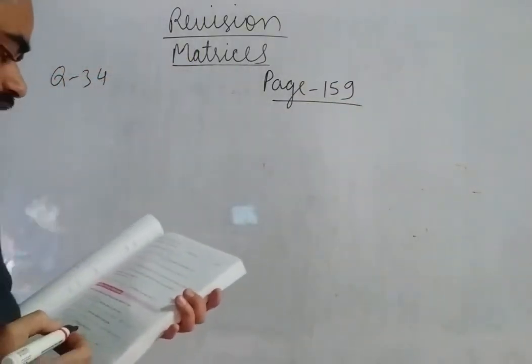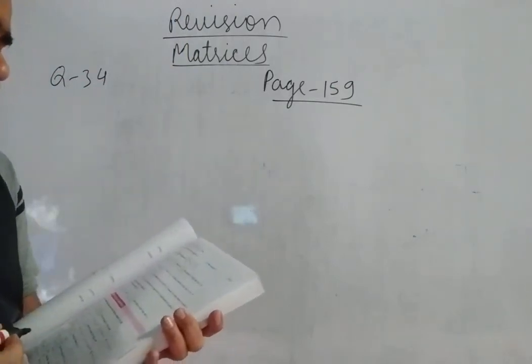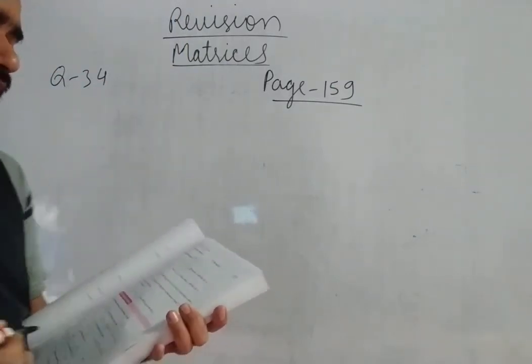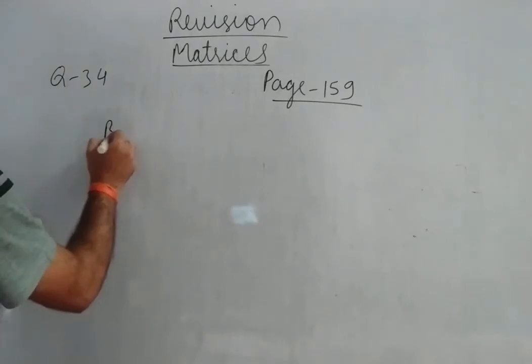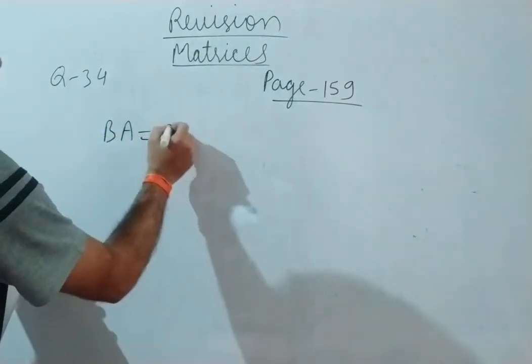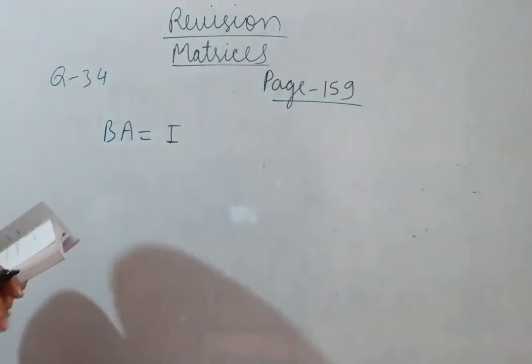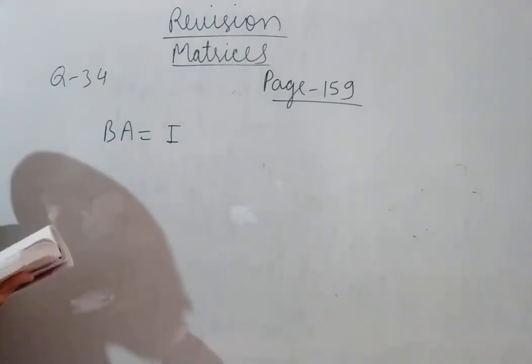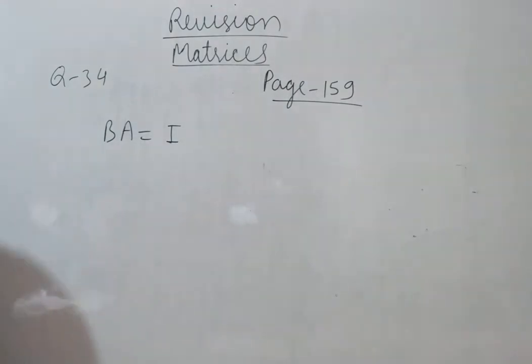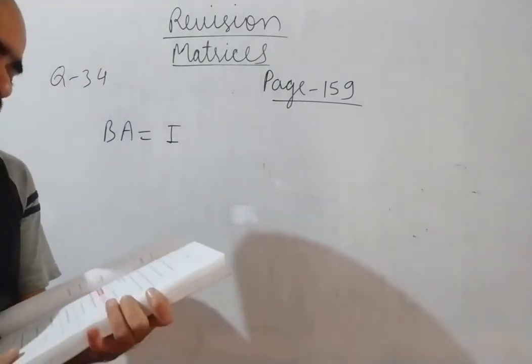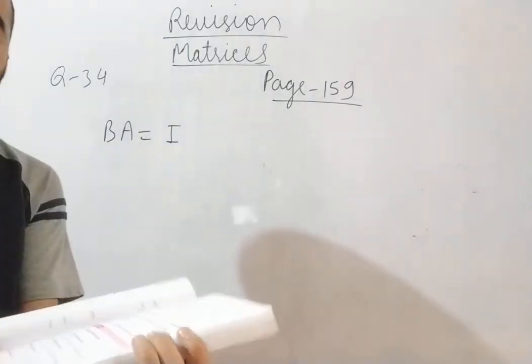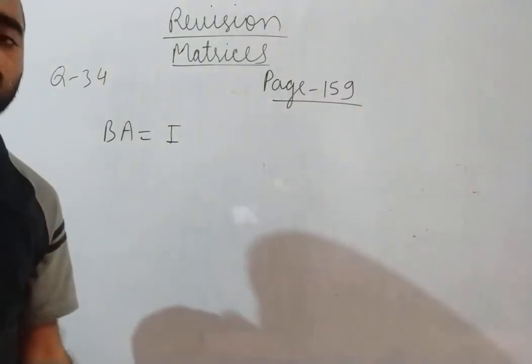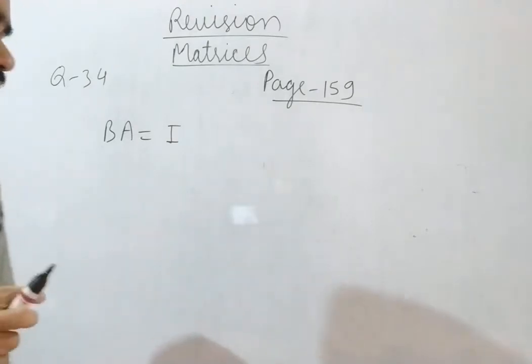And the question is, matrix A is given. Find a matrix B such that B into A is equal to the identity matrix, where I is the unit matrix of order 2, that is 2 by 2. Order 2 means order 2 by 2.